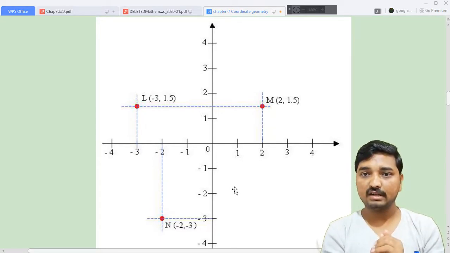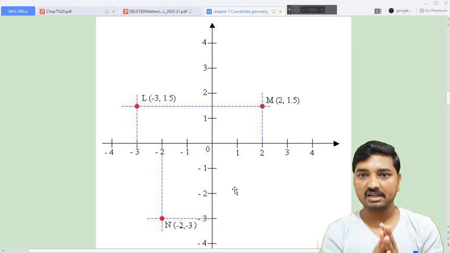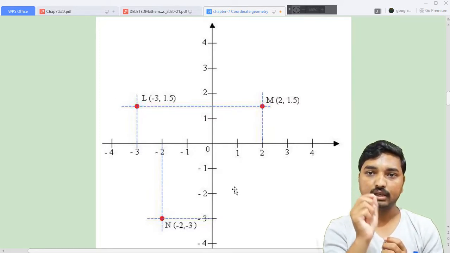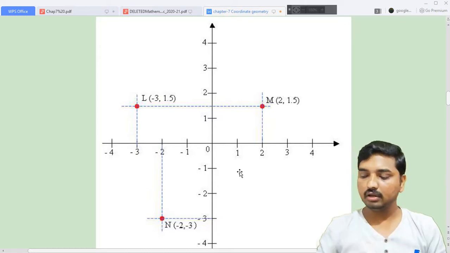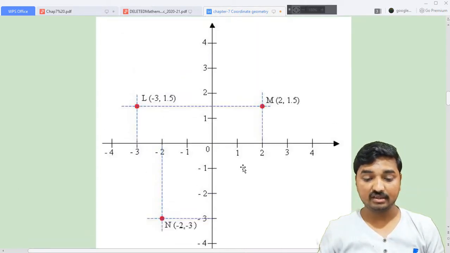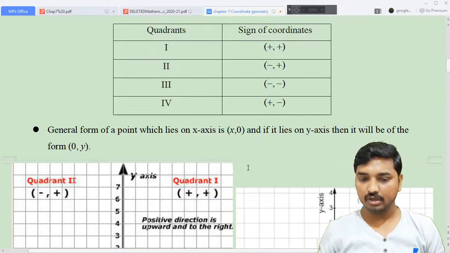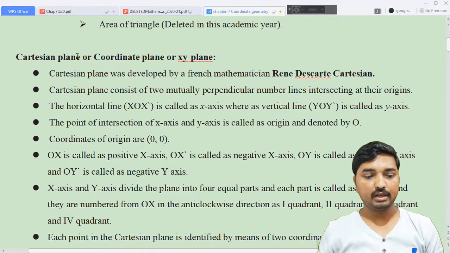There are 4 quadrants, 1, 2, 3, 4, in the anti-clockwise direction, the signs in different quadrants, and the general form when a point lies on the x-axis or y-axis. These are the basic things regarding the Cartesian coordinate system or Cartesian plane, also called the xy plane. Remember all these names. It is very important.